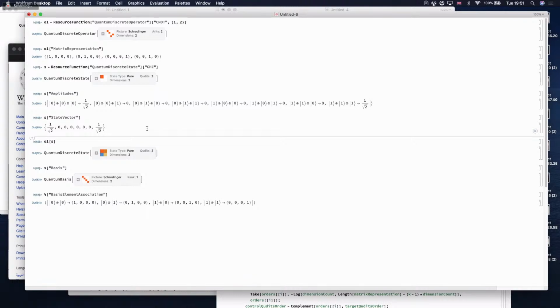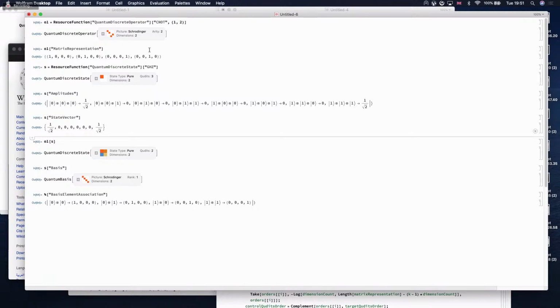Normally you go to all kinds of gymnastics in quantum mechanics to deal with the fact that you don't have an association. You just have positional information in a matrix to define which basis element a particular matrix element is associated with. But since we have associations, we don't have to worry about that.